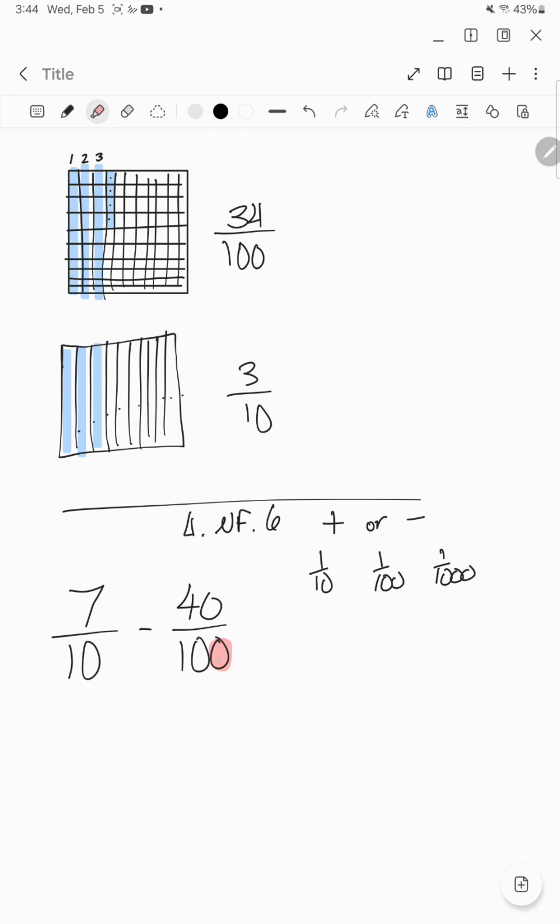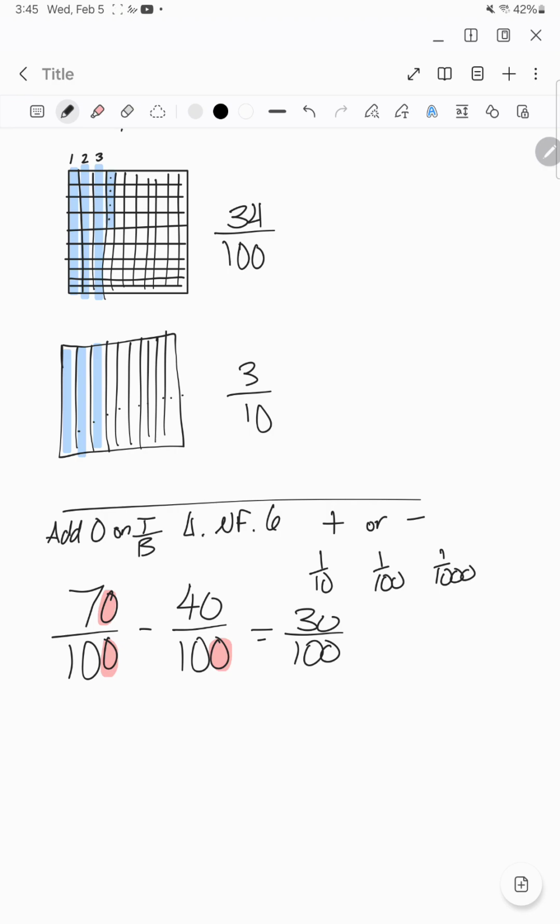It's already got enough, right? So now I would need a zero on this side. And when I add the zero on top and bottom, now it looks like 70. So 70 minus 40 is going to be 30, and my denominator stays the same. So the strategy is just add or stick a zero on top and bottom.